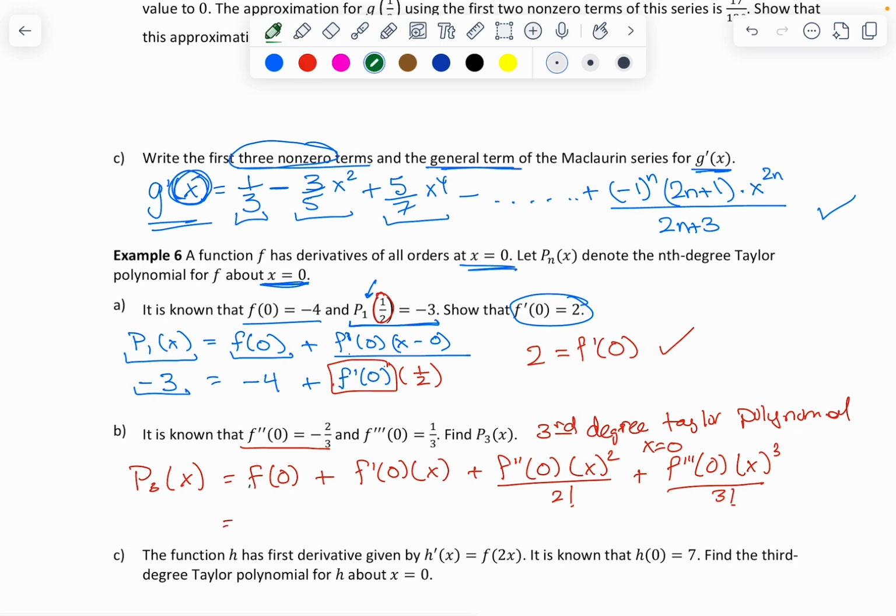Now when we plug in the information that we know, f of 0 is negative 4 plus f prime of 0, we just proved that it is 2 times x, plus f double prime, well, we know that that's going to be negative 2/3 times x squared over 2 factorial. We'll come back and clean this up in just a second. Plus f triple prime is 1/3 x cubed over 3 factorial.